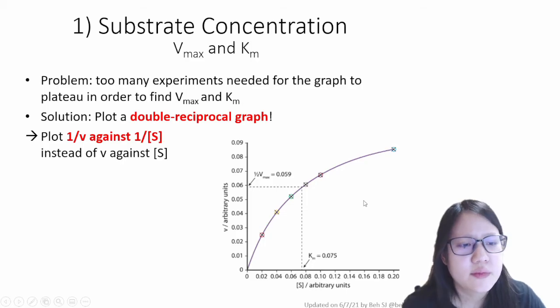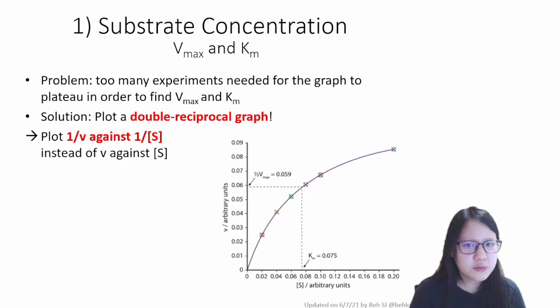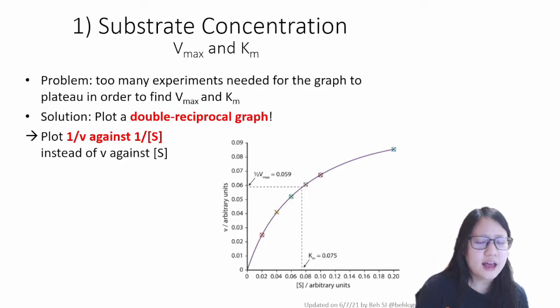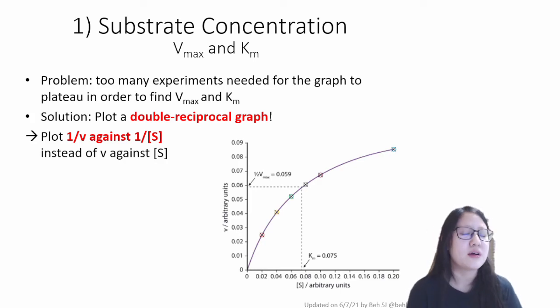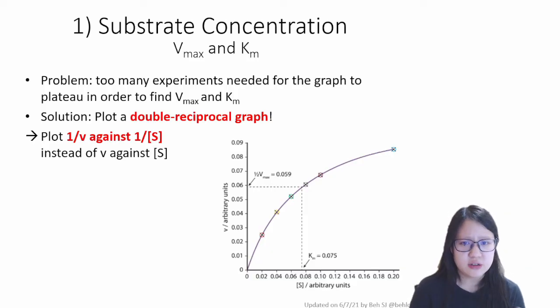Now, we saw Vmax and Km just now, and we saw how to calculate it. But there's a problem experimentally in real life. Too many experiments are needed for the graph to plateau in order to find Vmax and Km. Very often, you end up with a graph like this, vaguely curving.